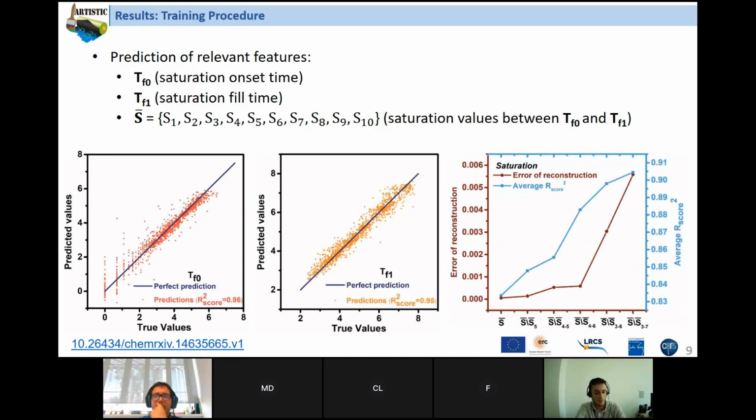But anyway, we tried to find a balance between these two competing effects, and we decided to go with this R-square value of 90% with an acceptable error. If we were to take out more saturation values from the original set, this error would become too high and the R-square value would not improve too much. So we found that this was a good balance.